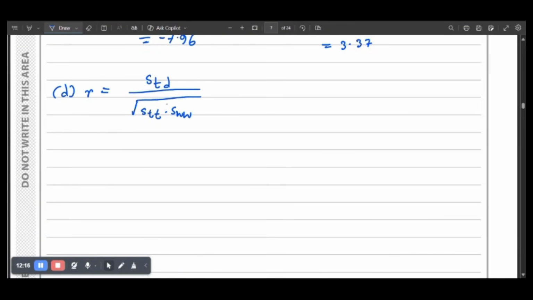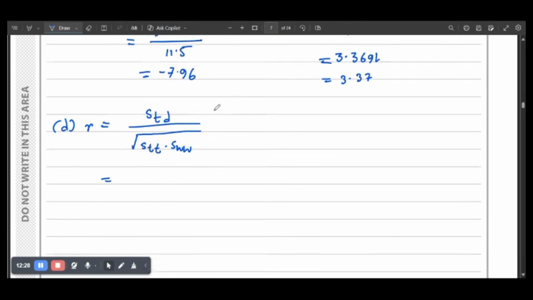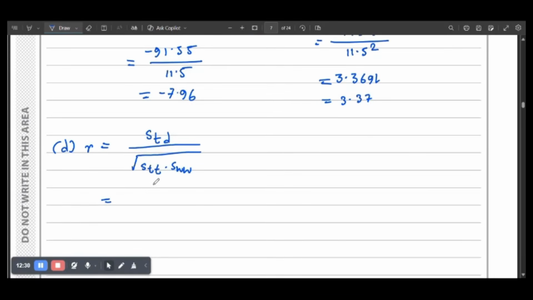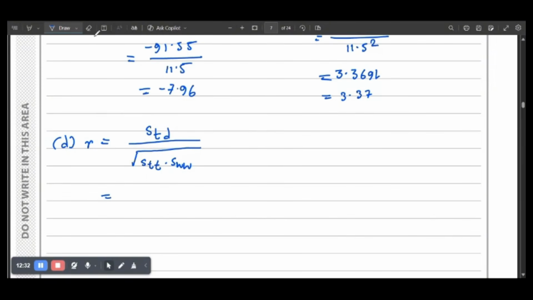As the data is coded linearly, we can just find the product moment correlation with the coded values. We do not need to find the values with the decoded values.